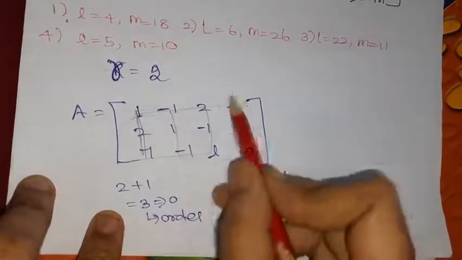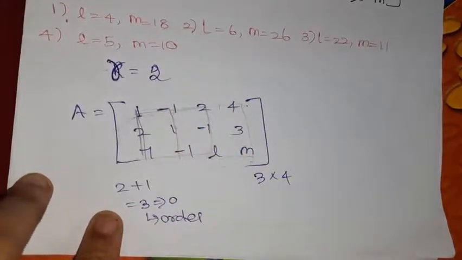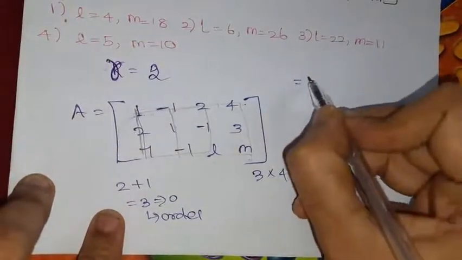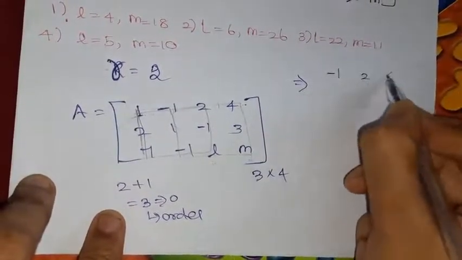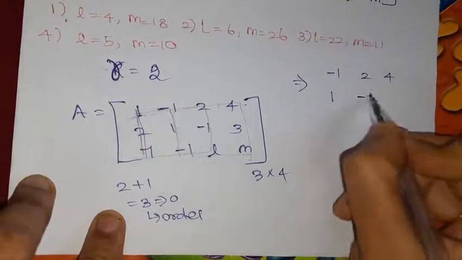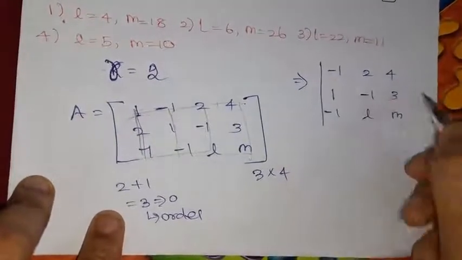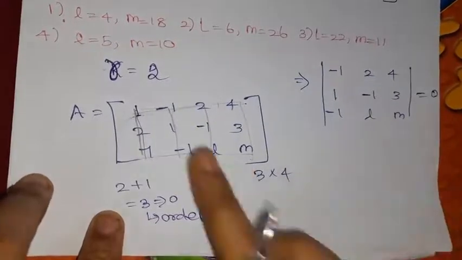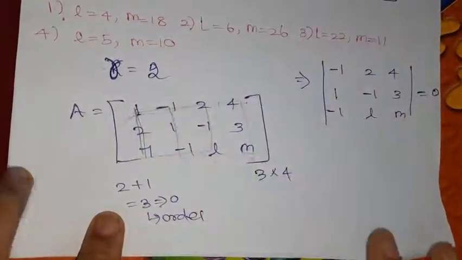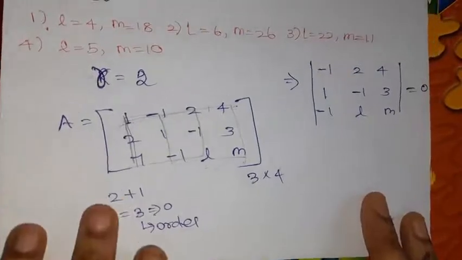I am going to take this one and equate it to 0: the determinant of minus 1, 2, 4; 1, minus 1, 3; minus 1, L, M. So I am going to take this 3 cross 3 matrix and equate it to 0.